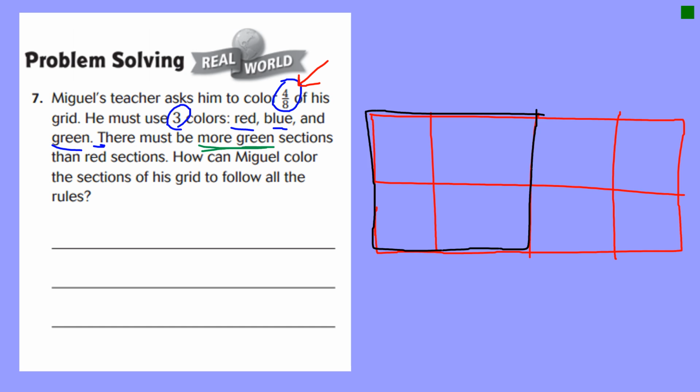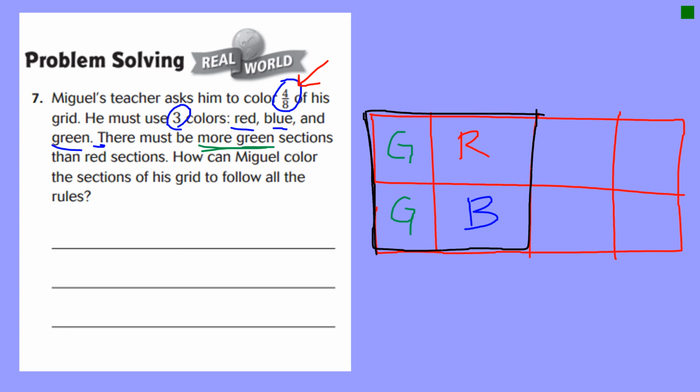Okay, and again, pretend I made equal parts here, friends, okay? So he has to use 3 colors, red, blue, and green, and there must be more green than red. Okay, so let's do green, green, right? And then we can do red, and don't forget he has to use blue.